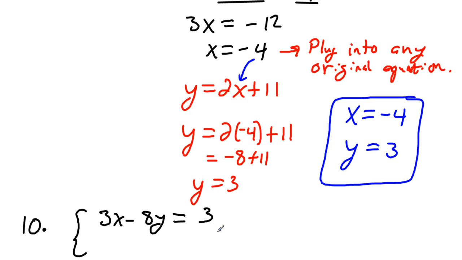Okay, for 10, 3x minus 8y equals 3. And we're going to do negative 3x plus 13y equals negative 18.